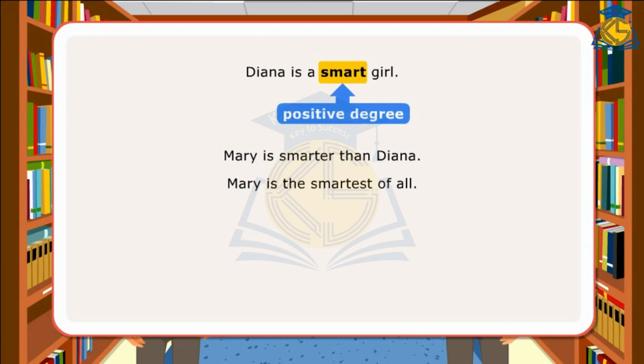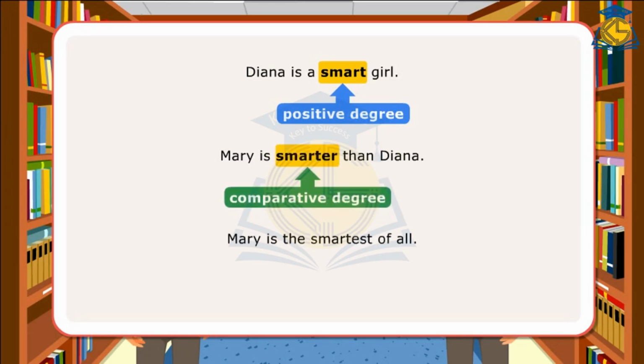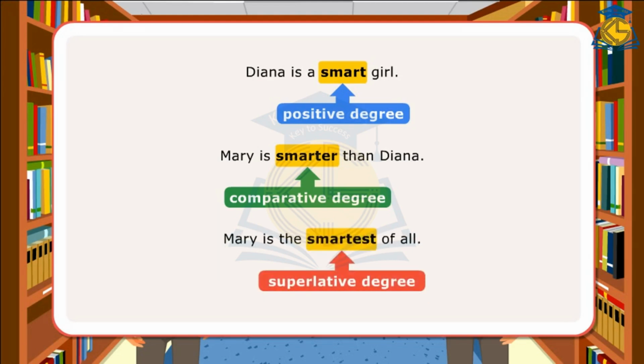In the next sentence, smarter is the comparative degree as it helps in comparing Mary and Dinah and stating that Mary has more of the quality of smartness than Dinah. In the third sentence, smartest is the superlative degree since it tells that Mary has the highest degree of the quality of smartness.